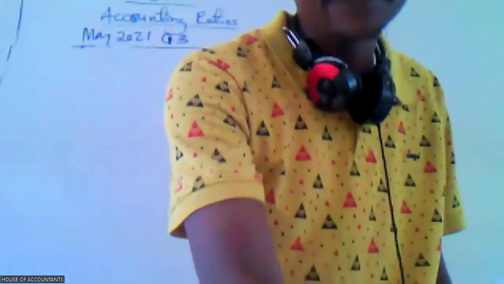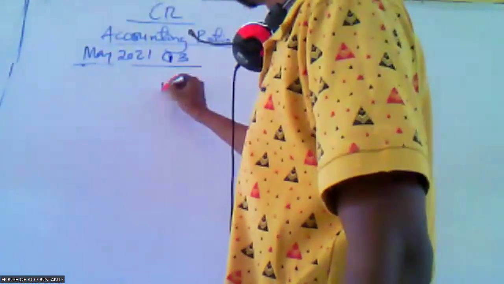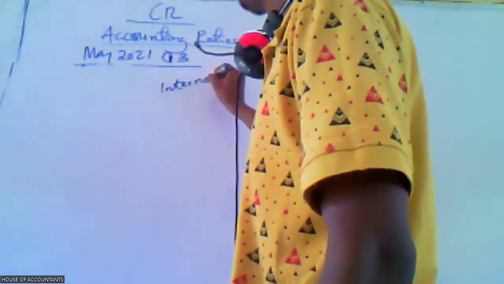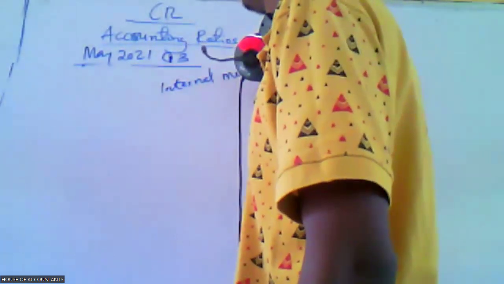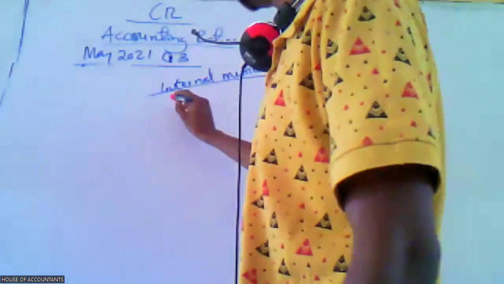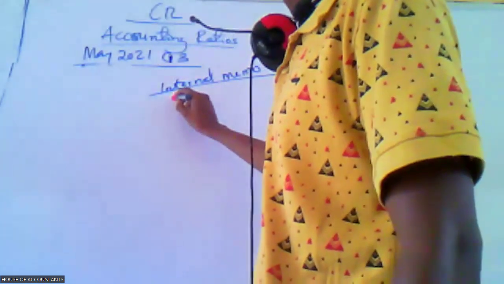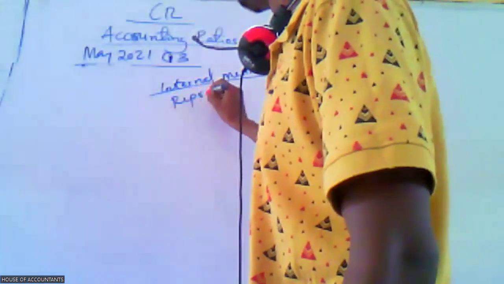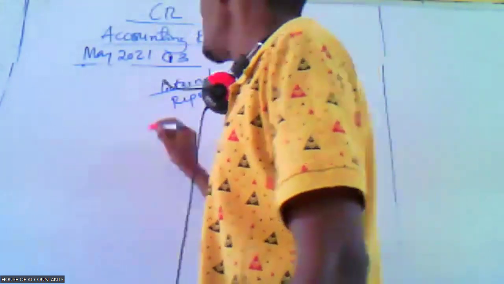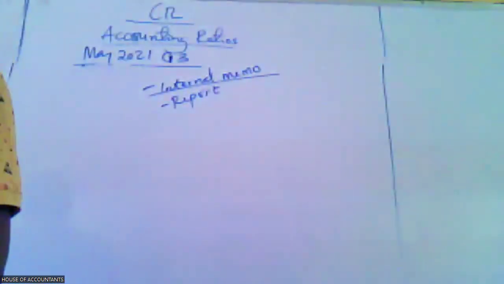Before I go to this report, let me use that opportunity to explain the types of reports you will have. Now, you can have an internal memo, and you can have a normal report. The internal memo is very few, please look it up.